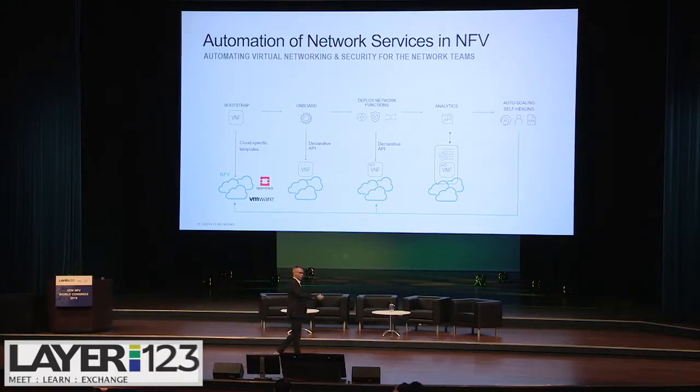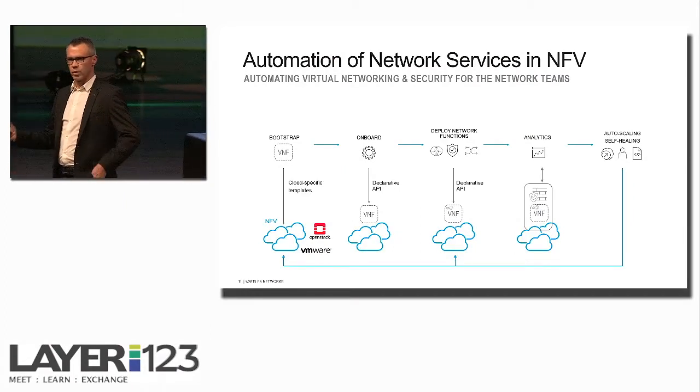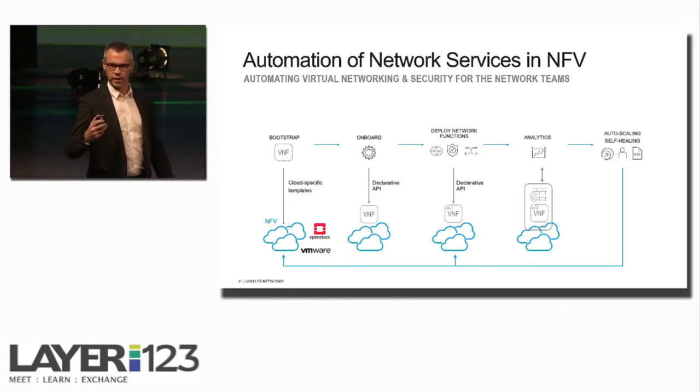You don't deploy a load balancing service or a WAF service. No, you deploy a TCP optimization, a carrier-grade NAT, a GI firewall, a DNS service, whatever it is. Then we get analytics. And again, based on the analytics and the performance monitoring that we do, we might have to automatically scale out, scale in, and we have that feedback loop again.